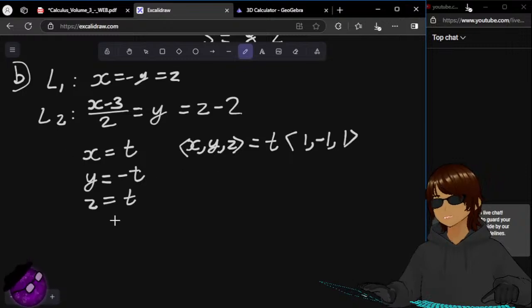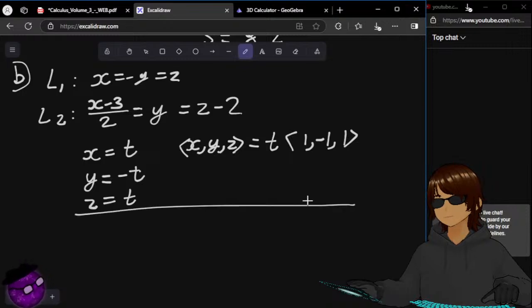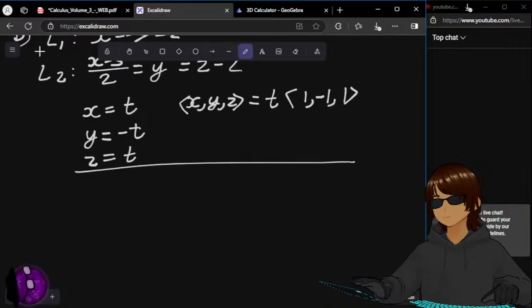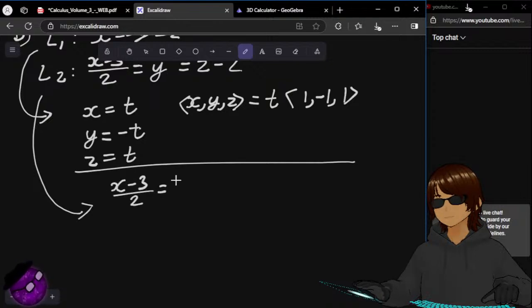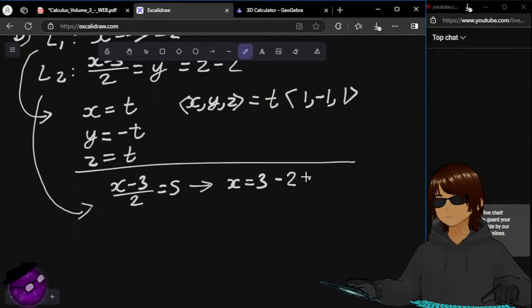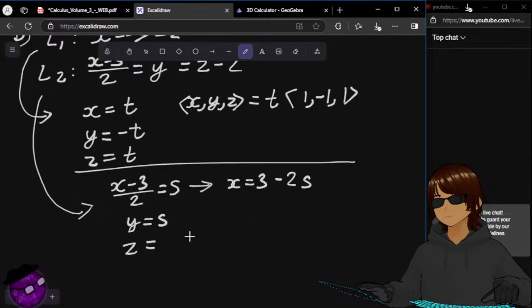And then for the other one, (x minus 3)/(-2) is equal to s, which implies x is 3 minus 2s. y is equal to s. z is equal to s plus 2.